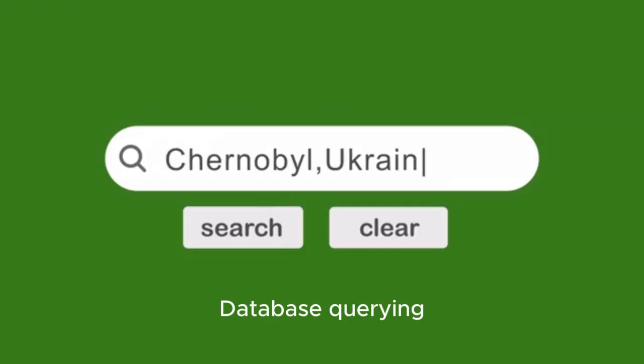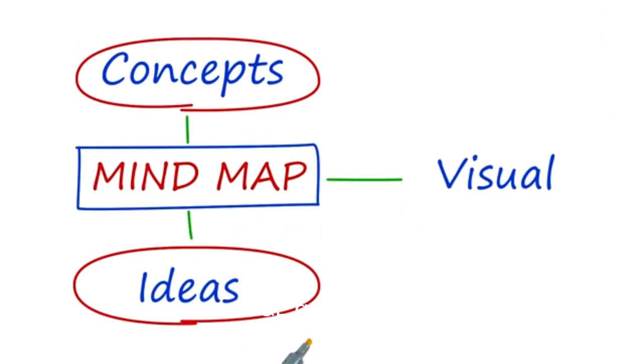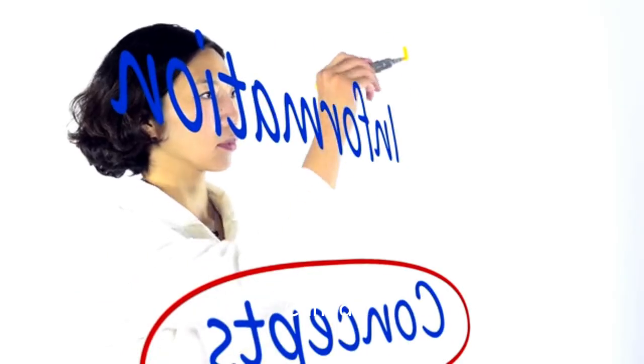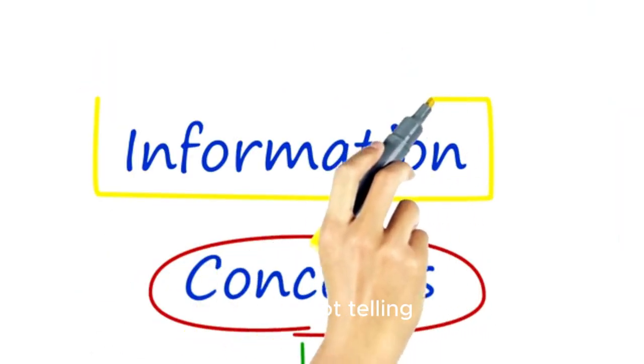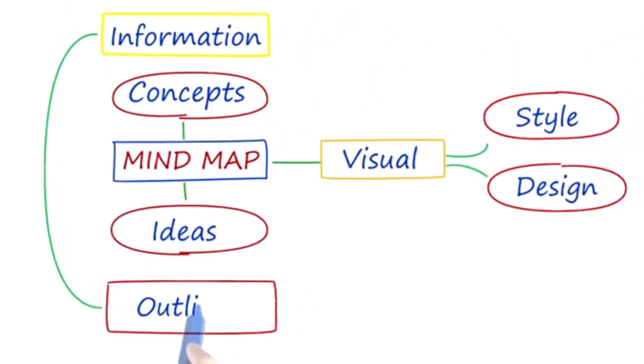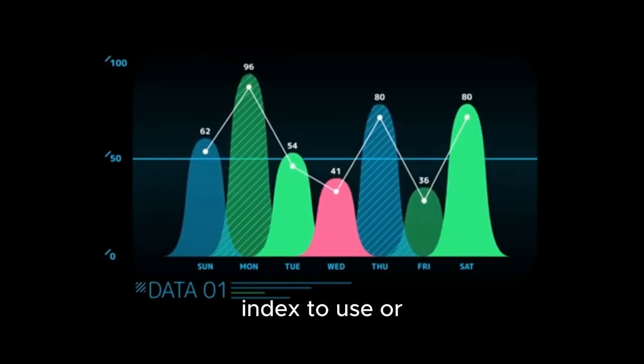Database querying is also inherently declarative. When you write an SQL query, like SELECT name FROM users WHERE country = 'Canada', you're not telling the database how to find the data. You're not specifying which index to use or what join algorithm to perform.